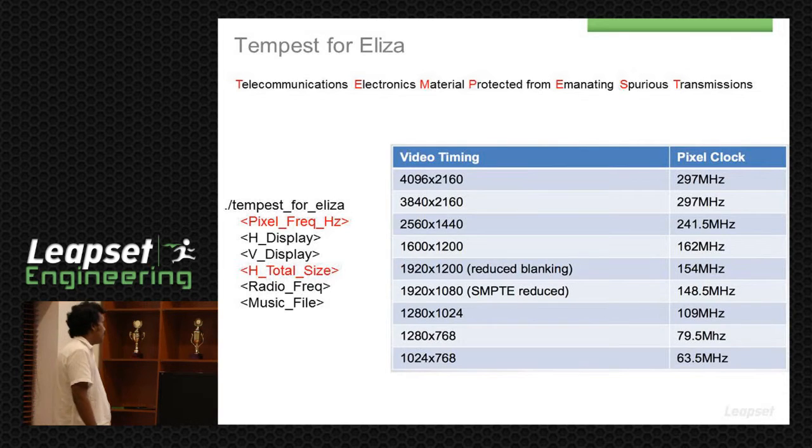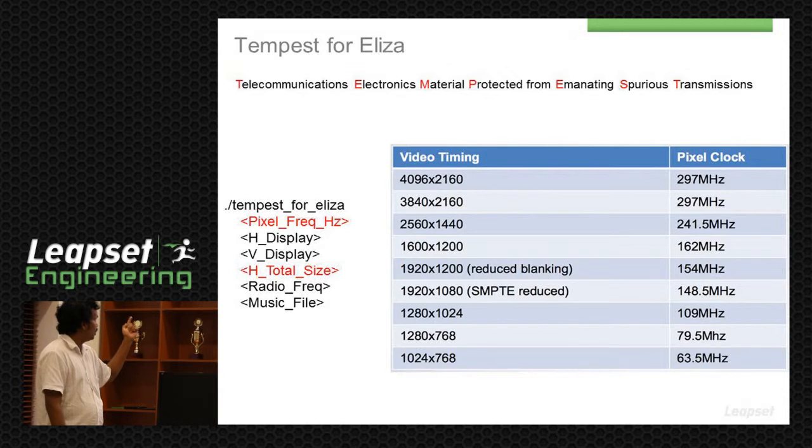The first parameter is the clock frequency that operates in the monitor in order to do the scanning process. Next one is horizontal resolution, then vertical resolution. There is another parameter called H total size. That also you can calculate.